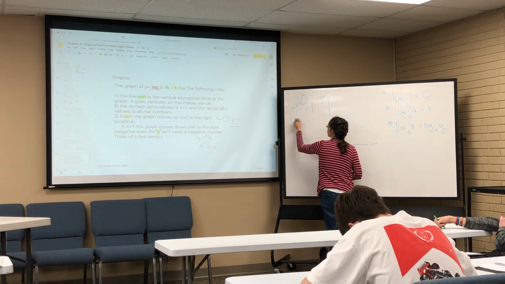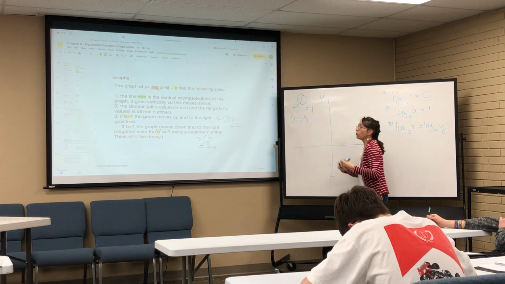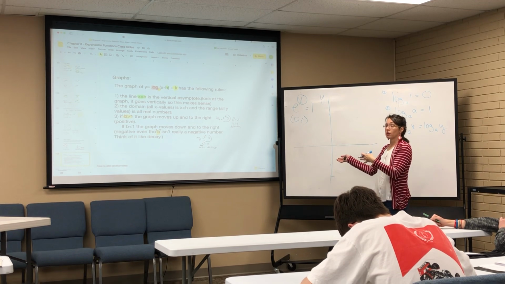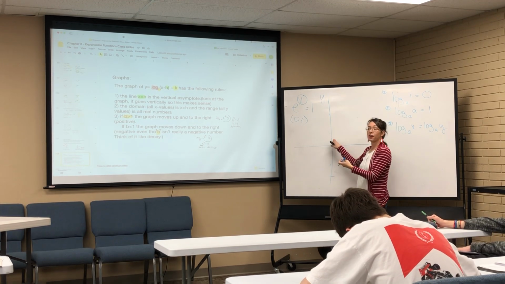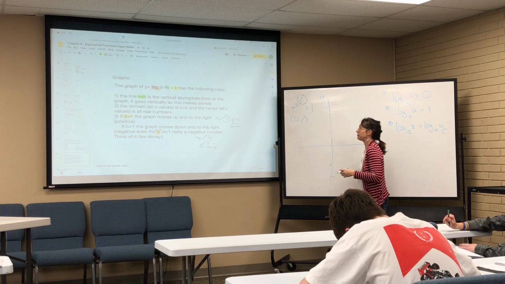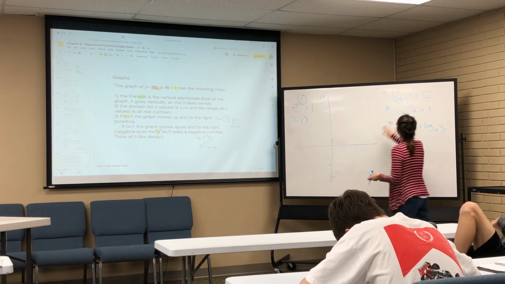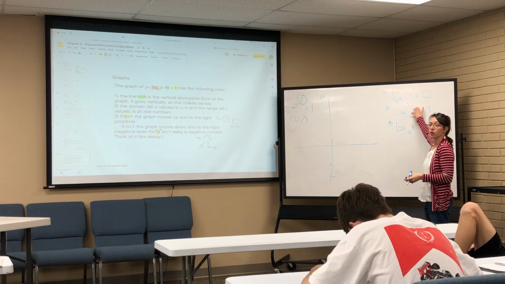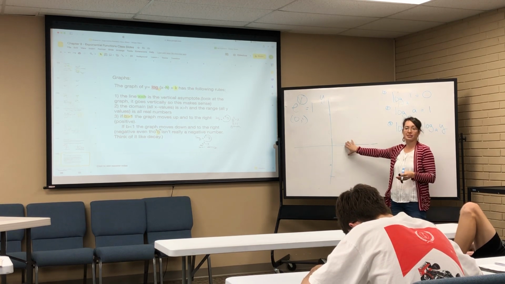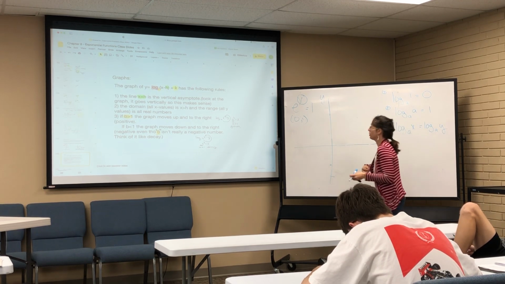So that gave us our coordinate 0, 1. We used our exponent rules to find a coordinate that was already plugged in. We get to do the exact same thing, using our log rules to find coordinates that we can plug in for our graph.